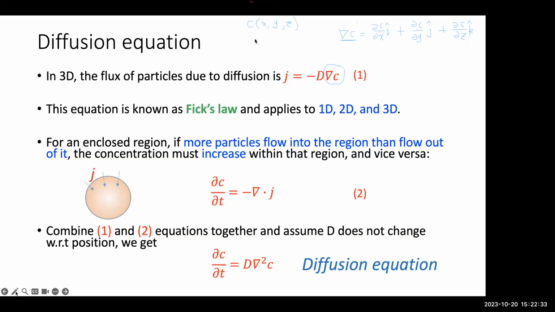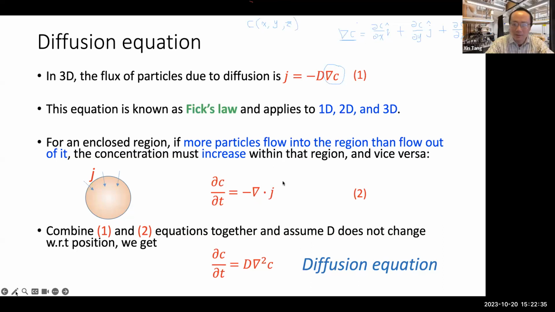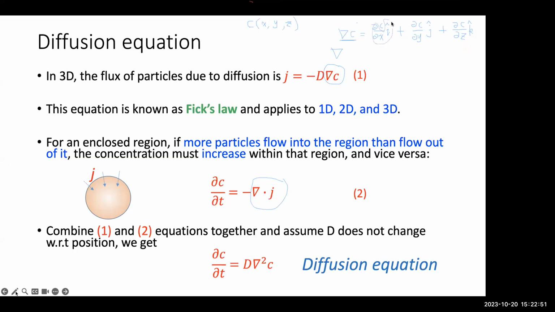Yeah. And then we show the divergence here. The gradient is actually this guy. The gradient is d/dx i hat plus d/dy j hat plus d/dz k hat.